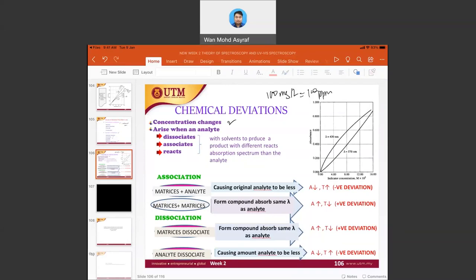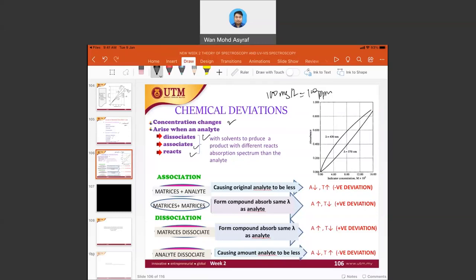Okay, let me continue. For chemical deviations, there is a concentration that is going to change. These concentration changes arise when the analytes dissociate, associate, and react with each other or with the solvents to produce a product. All of these reactions, dissociations, and associations would create some kind of deviation, some kind of concentration change.